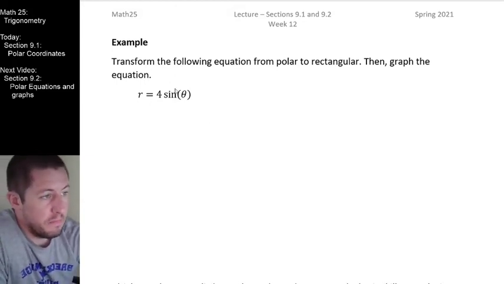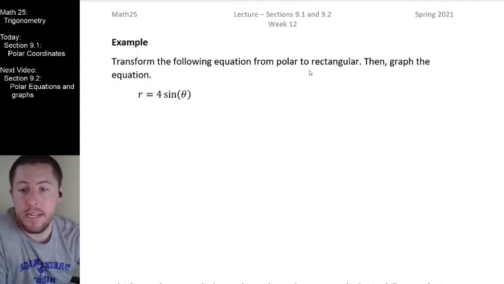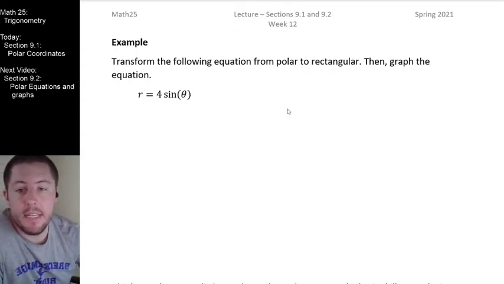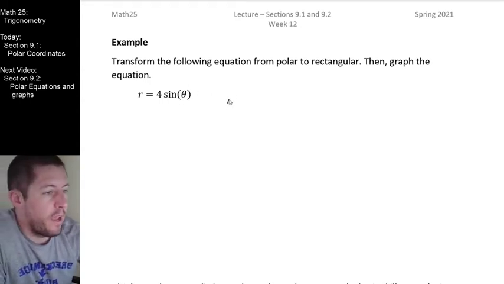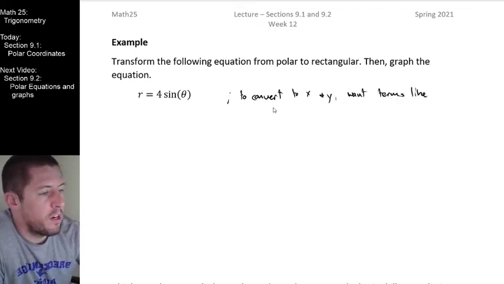So here's what I'm seeing. My instruction here is to convert from polar into rectangular. So what that means is I'm trying to find some ways to write things as x and y. So I'm thinking to convert to x and y, I want terms like our conversion terms.